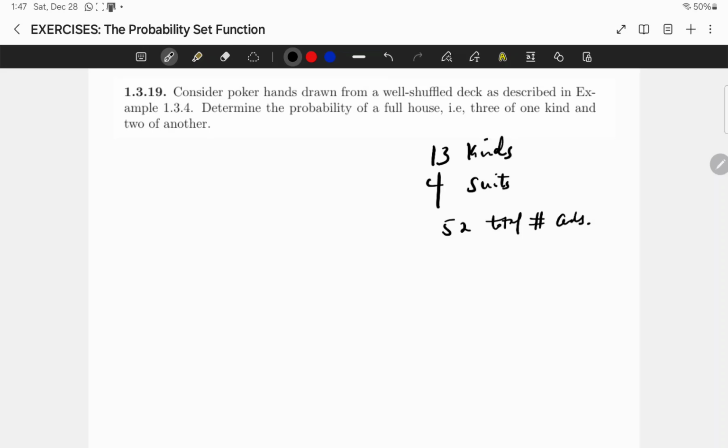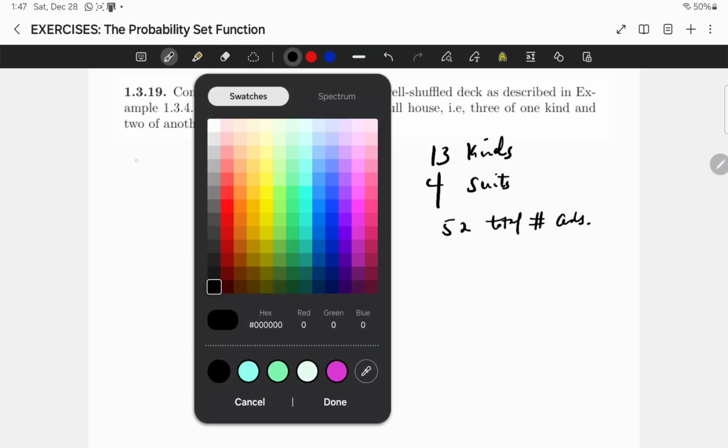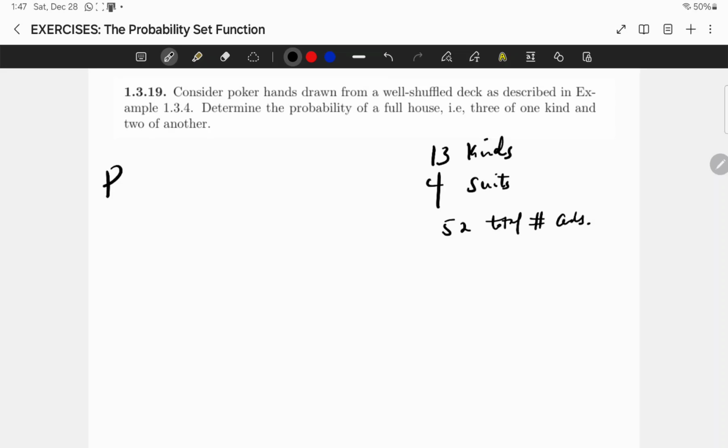So now the probability of our poker hand drawn being a full house is equal to, so we have 3 of one kind. That means from 13 kinds we pick one kind, and after that one kind we pick 3 of the suits, and 2 of another kind.